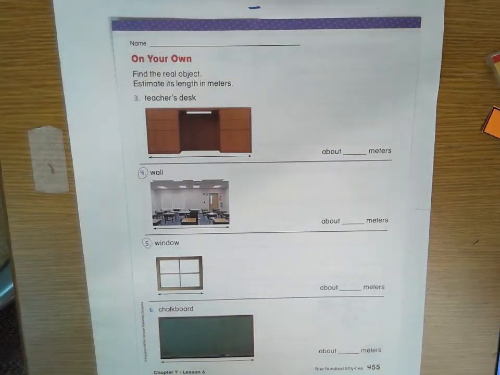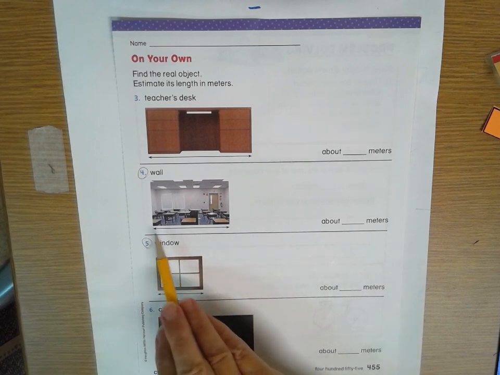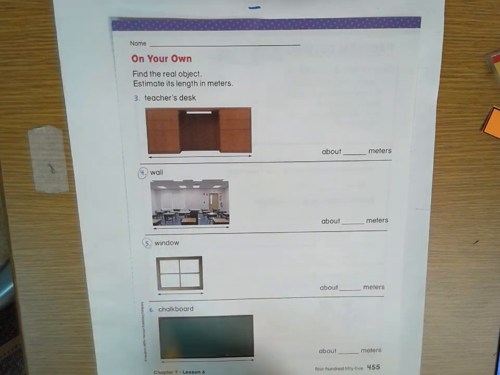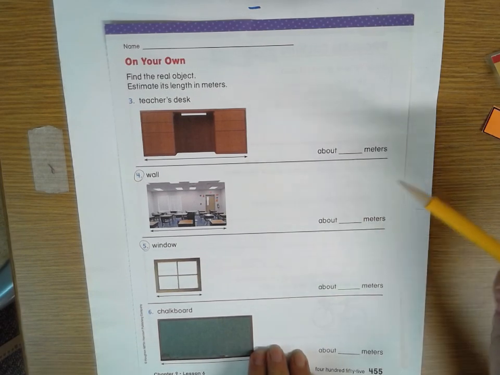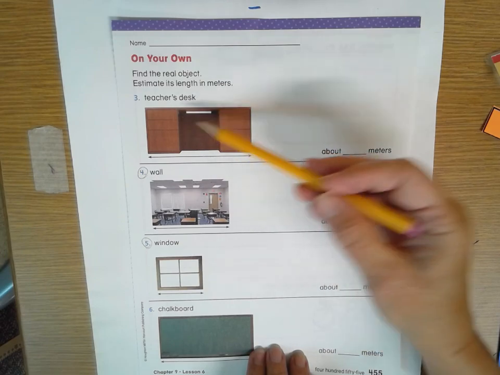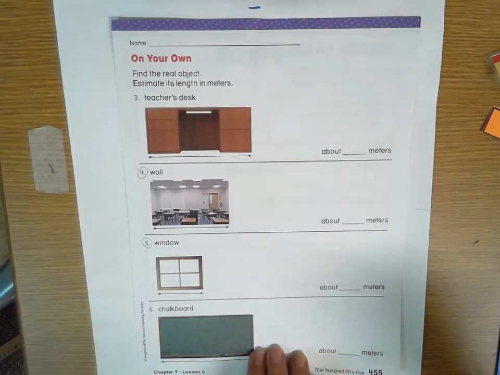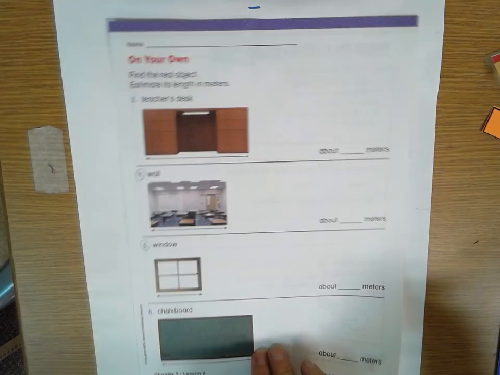And I want you to measure about how many meters it takes to get from one side of the room to the other, measuring one wall and then across your window. If you have something else that you would like to measure, you can cross that out and tell me what it was and give me your measurement. Then turn your paper over.